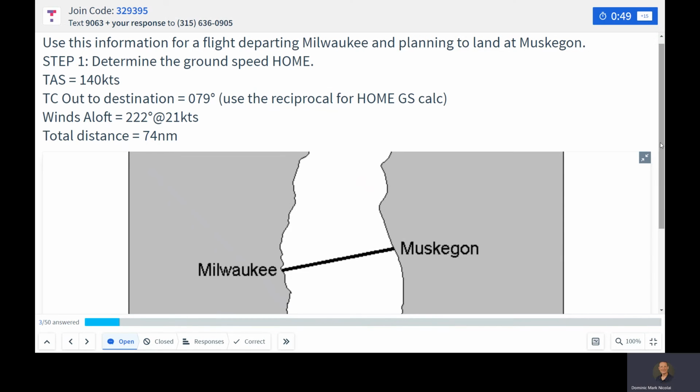You should be using a true course around 259 degrees if you haven't figured that part out. Just finding the ground speed to return home to Milwaukee.